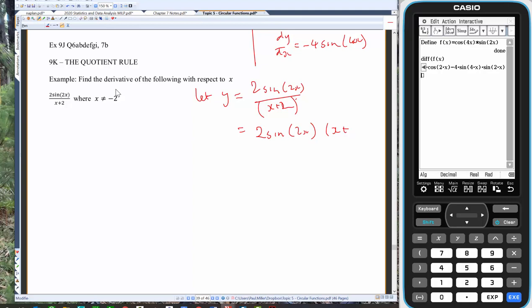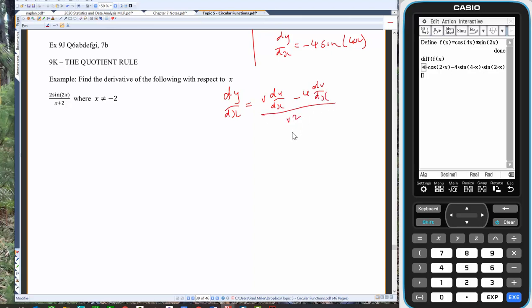Recall that the quotient rule is on your formula sheet as well, and it goes as follows: dy dx equals v du dx, take u dv dx, all over v squared. Now it matters what you call what. The top has to be u and the bottom has to be v.